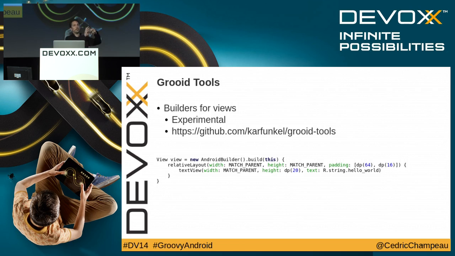So you can build your UI using a builder syntax rather than relying on XML files, or, sometimes you have to build those programmatically anyway, even if you rely on XML files. This is a good way to have code which is focused on what you build and not how you build it.